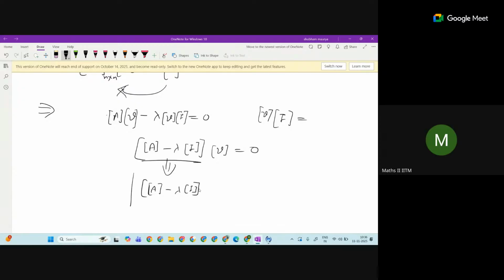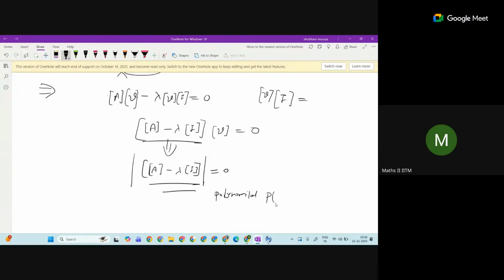Equating the determinant of this matrix to 0, you get a polynomial in lambda, which is called the characteristic polynomial, p of lambda, and you can find its roots. It depends on the order of the matrix: if it is n cross n, then this polynomial has degree n, and you have to solve it to find the lambda values, which are the eigenvalues.